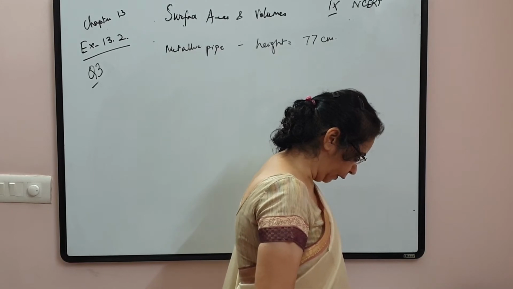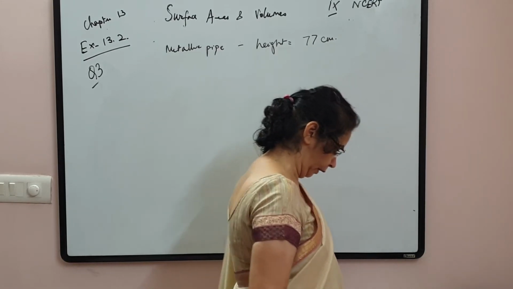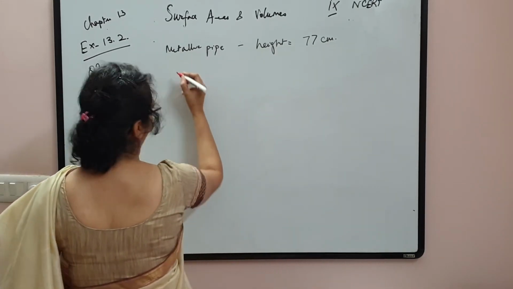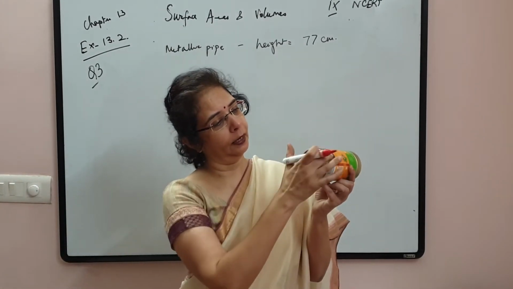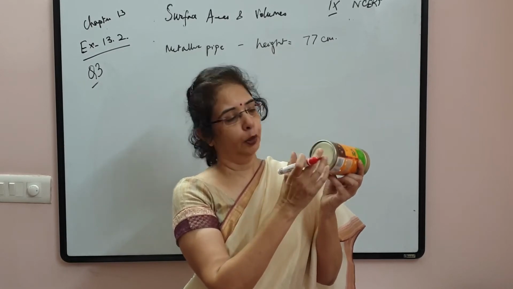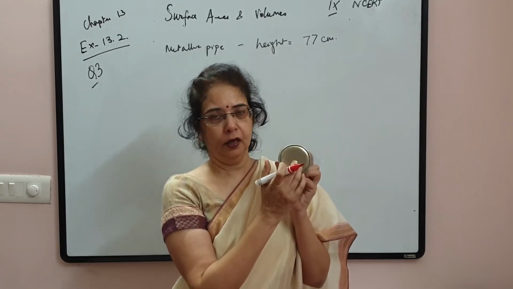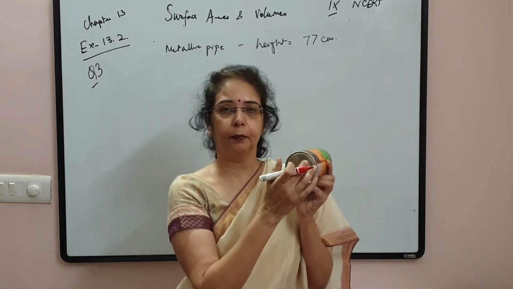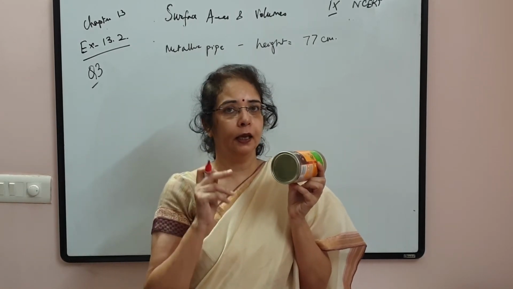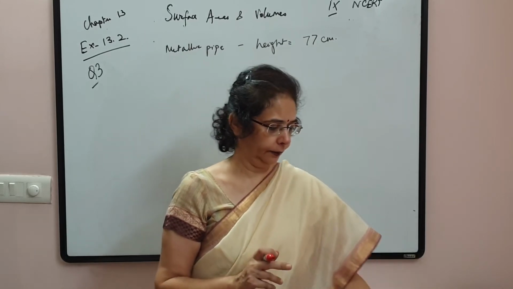The inner diameter of the cross section is 4 centimeters. Now the pipe, children, has an inner diameter and an outer diameter, because the pipe is hollow from inside. So because it's hollow, there's an inner diameter and an outer diameter, which will obviously be larger than the inner diameter.